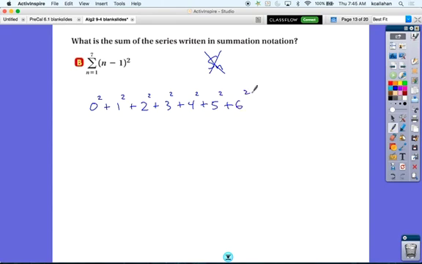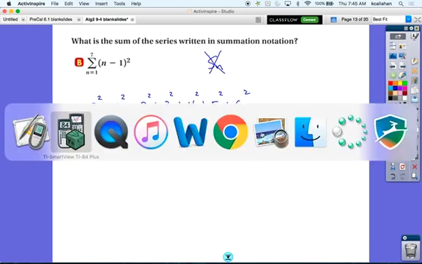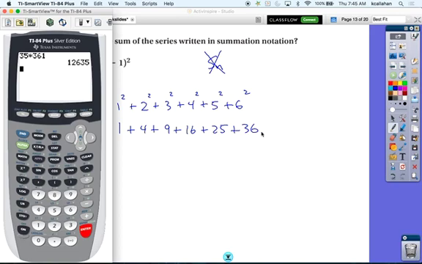At this point, this is just a brute force calculator exercise. 1 plus 4 plus 9 plus 16 plus 25 plus 36. So let's do that. And the answer is 181.